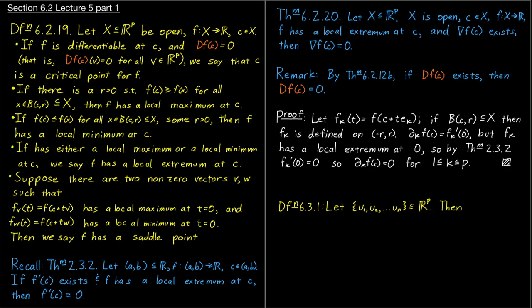Then the set {u_1, u_2, ..., u_n} perp, if we put a superscript with some right angles up there, is the set of all x in Rp such that the inner product of x with u_k is 0 for all of the k's between 1 and n.